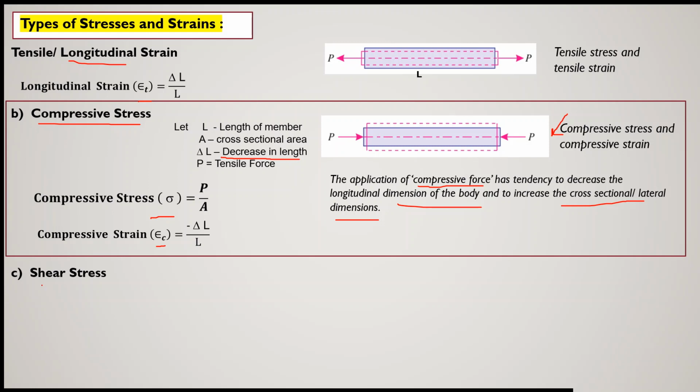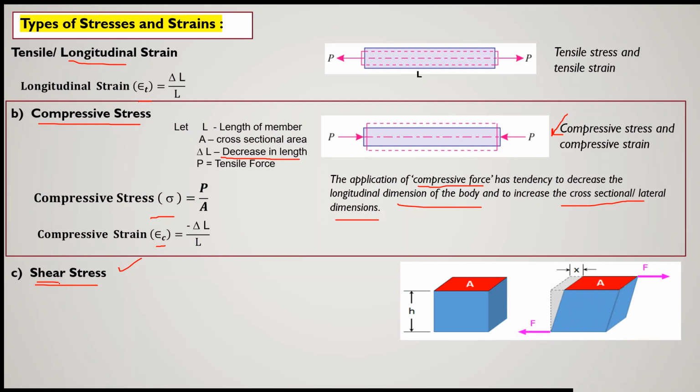Then a very important type of stress is shear stress. Shear itself indicates cutting something. Now if you see in this figure, there is a box or a body having some height h, and the red region shown is the surface area of the body.